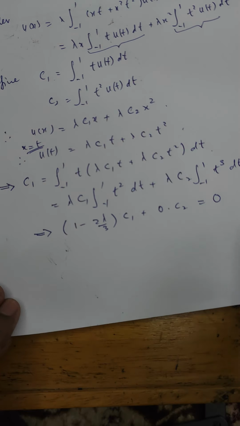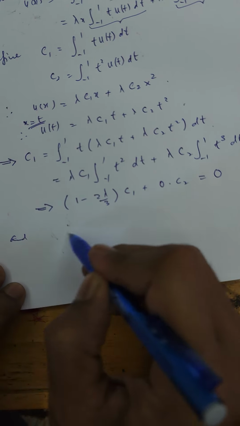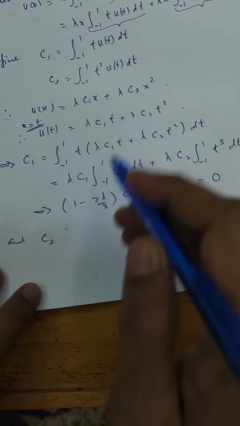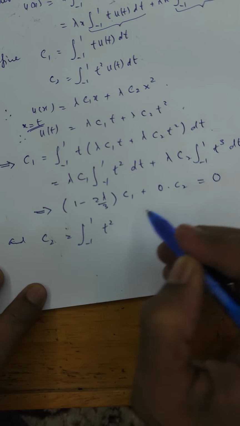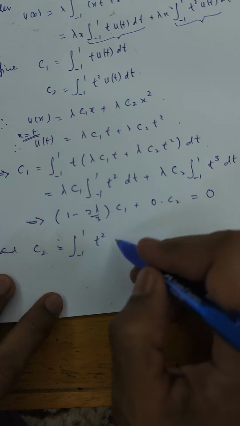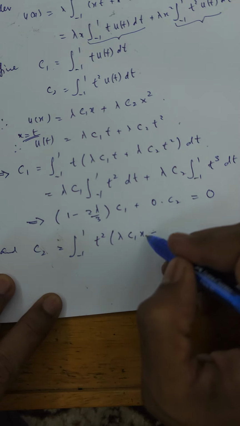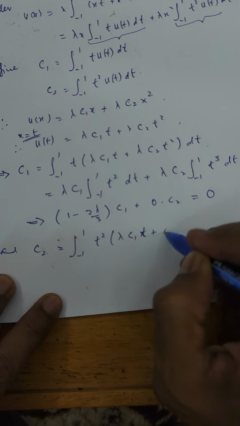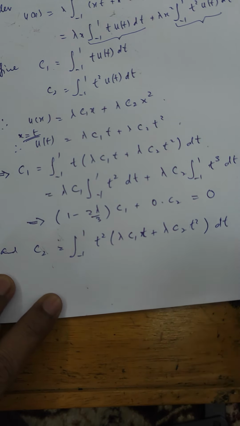Then we also do it for C2. For C2 we have the integral from -1 to 1 of t squared times (lambda C1 t plus lambda C2 t squared) dt.